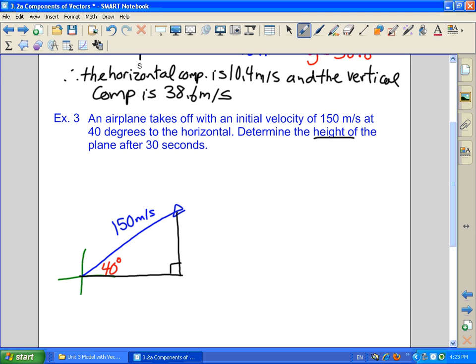So what we need to do, folks, is get the vertical displacement, okay? So what we really want is y. So we're going to say let y represent the height of the plane.